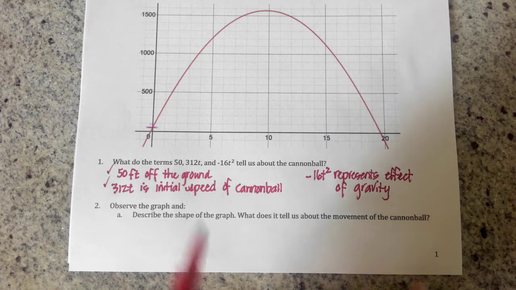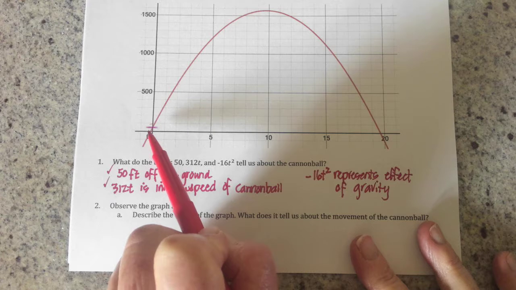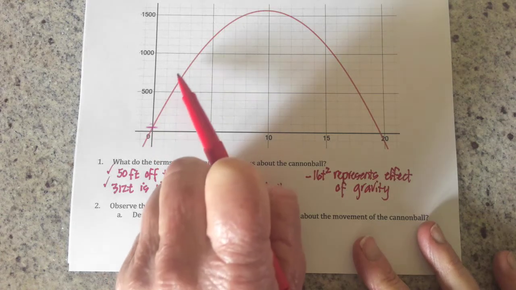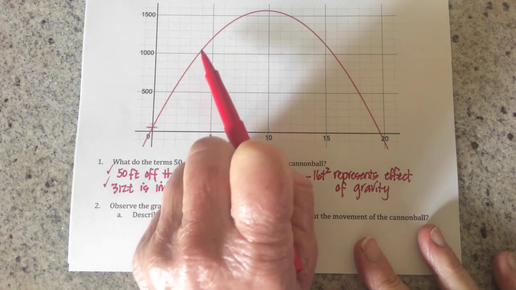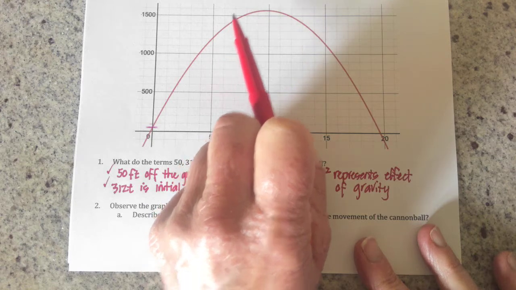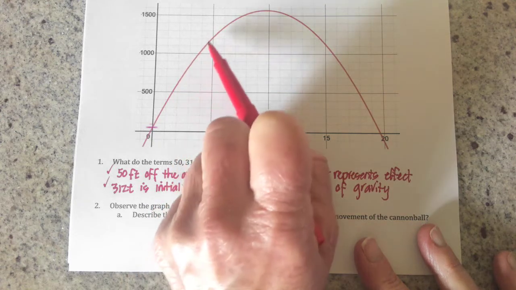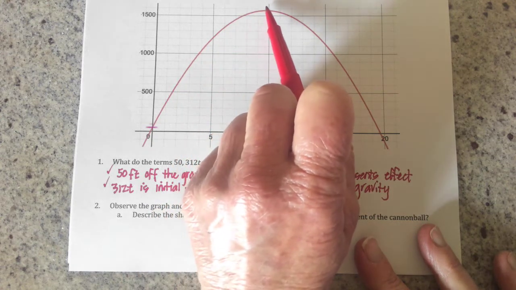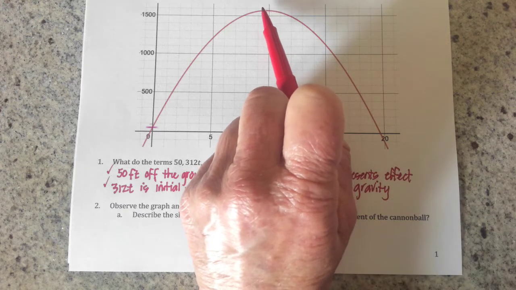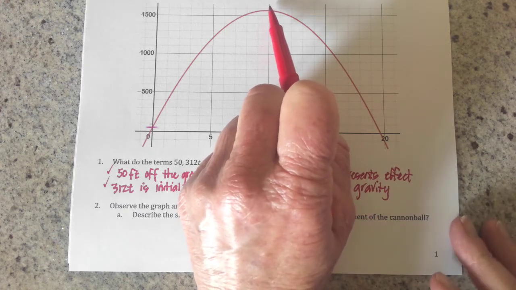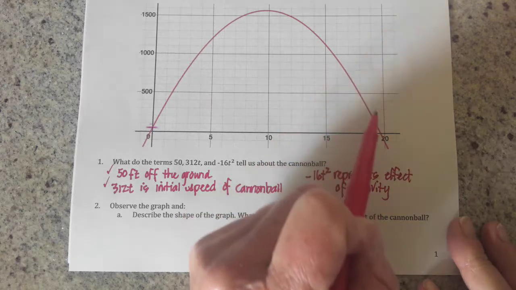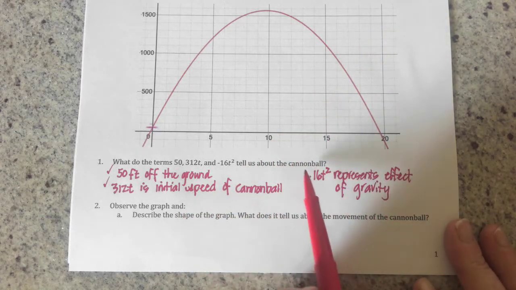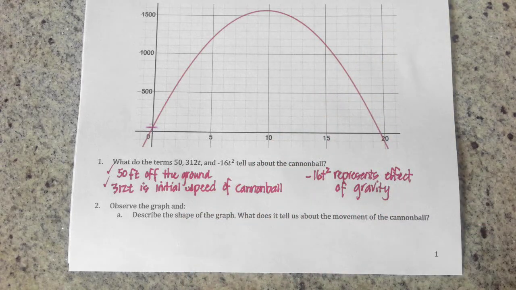If you think about it, you launch this cannonball, it goes up really fast, and then it starts to slow down. It gets up there, and right here it stops in a sense, and then it starts falling back down to the ground. So that negative 16 represents the effect of gravity.